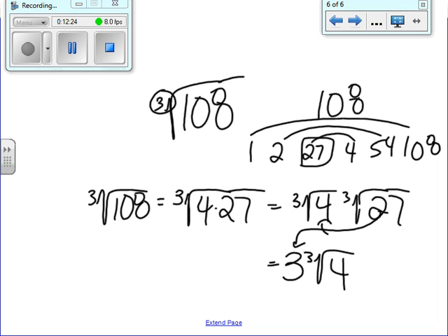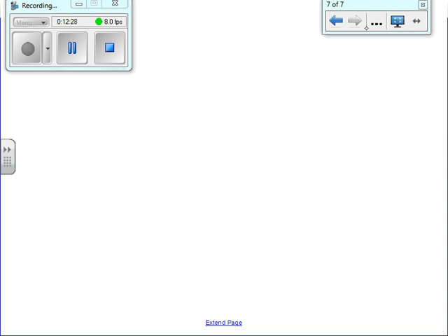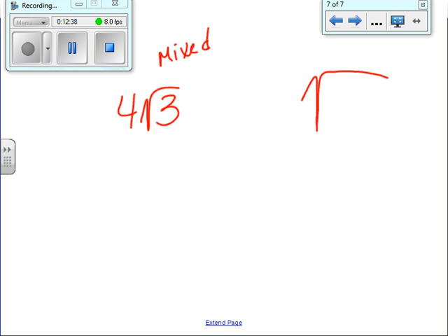The last thing I'm going to show you is how to switch back from a mixed radical to an entire radical. Say I had something like 4 root 3. This is mixed, and I want to get everything underneath one little house, because that would be an entire radical. So whatever I did in the other one, which is split it up into its perfect squares, I want to do the opposite.